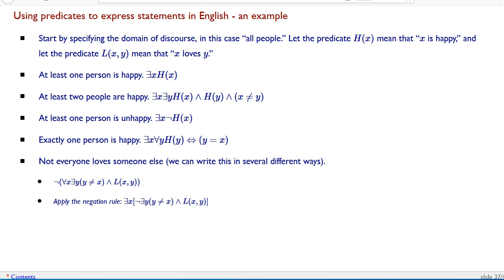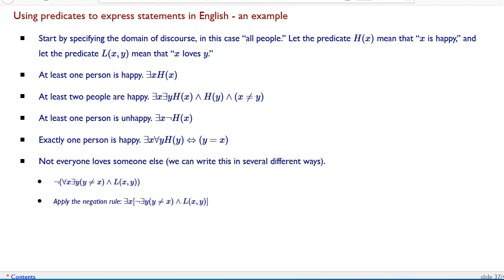Now let's apply the negation rule for the quantifier. I have to change the quantifier from for all to exists and slip the negation inside. So this is another way of writing it. There exists an x with the property that there is no y for which y is different from x and x loves y.